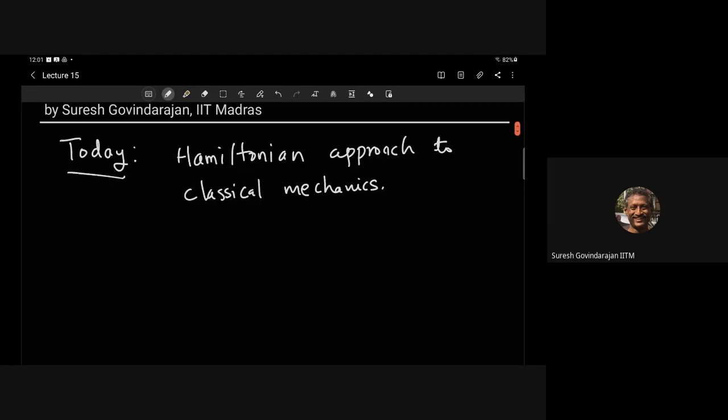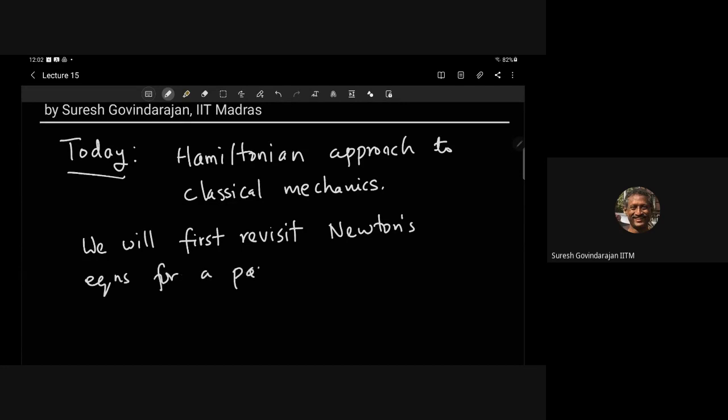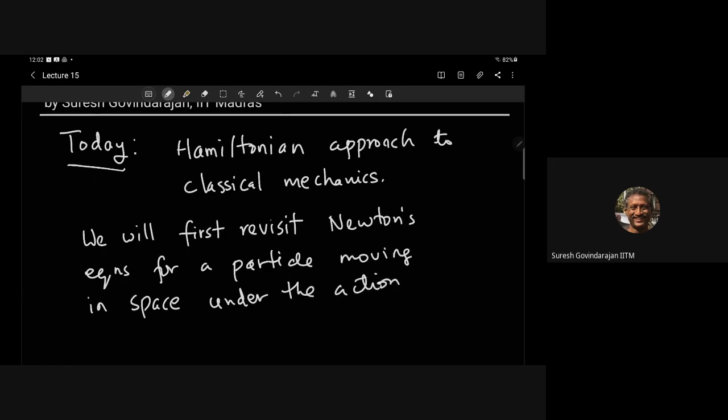Before we do that, we will first revisit Newton's equations for a particle moving in space under the action of a conservative force.